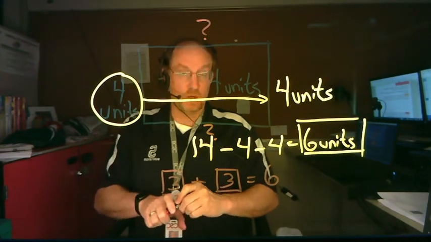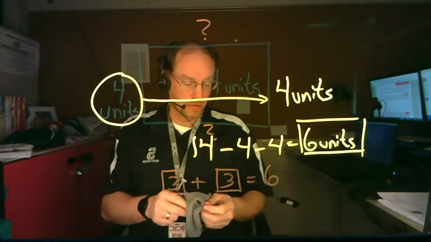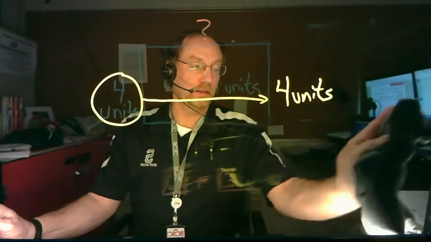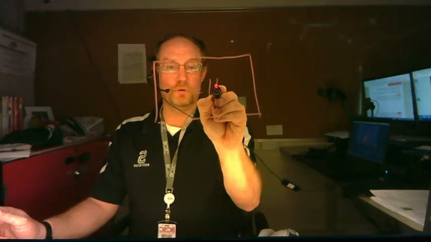So if we come back to the original problem here, we'll go ahead and get this erased, and we'll go ahead and draw this rectangle here. Again, not to scale, but we know that the perimeter is equal to 14.